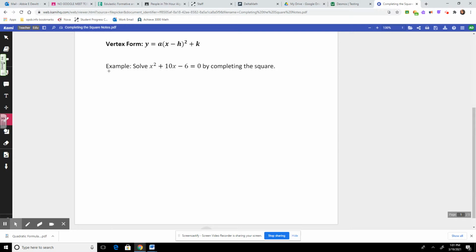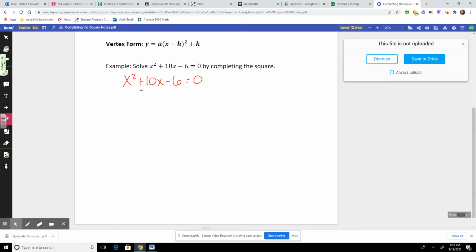Okay. So the example: solve x squared plus 10x minus 6 equals 0 by completing the square. So I have x squared plus 10x minus 6 equals 0. I'm just rewriting it so that I can have my problem. And step one says you need to isolate the variable terms.